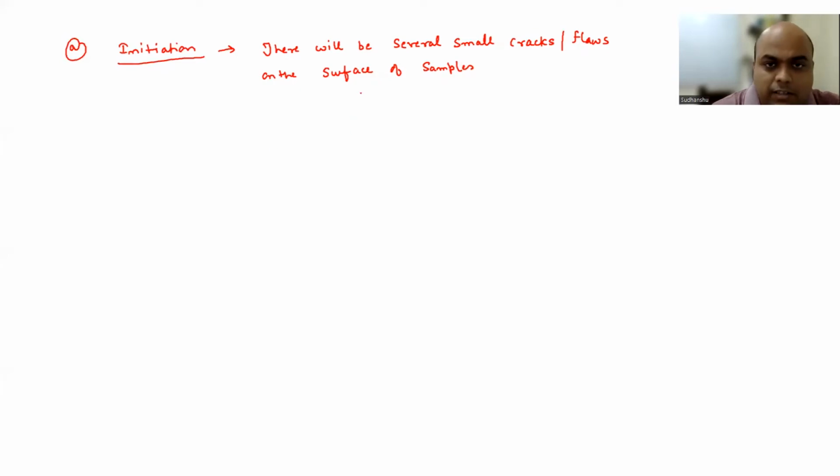Okay. Now these surface defects are going to act as stress raisers. We have discussed this before when we were talking about stress concentrations, right? Okay. Suppose you have a surface and there is a flaw here like this.